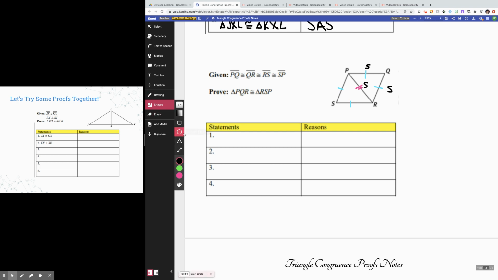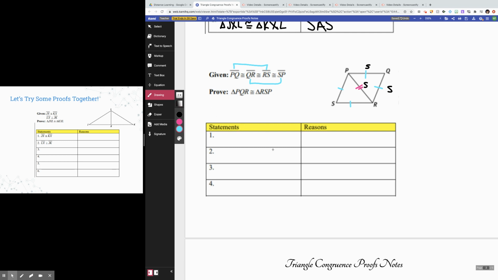Okay, so the sides that I actually want to match up are PQ and RS, right? Because those go together, right? And then I also want to match up QR and SP because those are the corresponding parts in the individual triangles, which you can kind of see in the way that the triangle congruence statement is written.